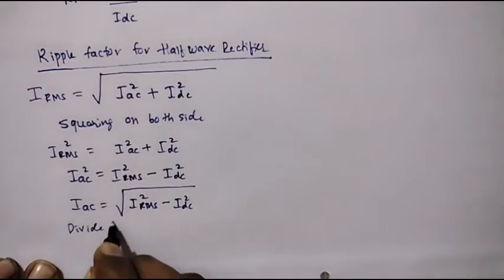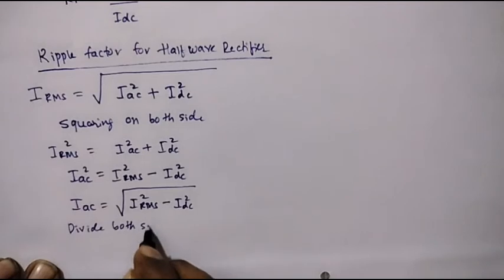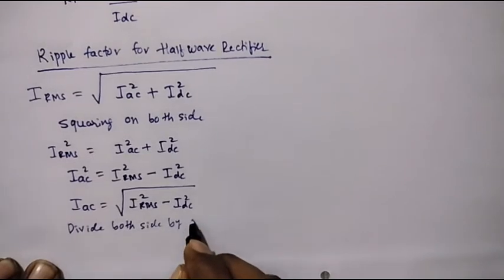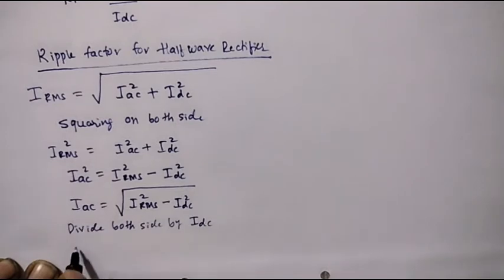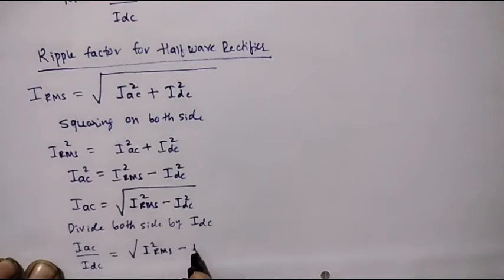Divide both sides by IDC. Therefore, I can write IAC by IDC is equal to under root I square RMS minus IDC square, whole divided by IDC.